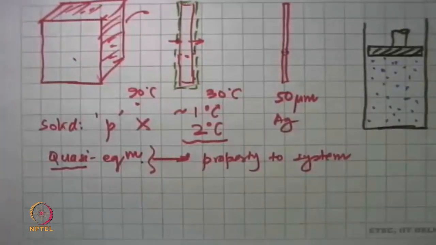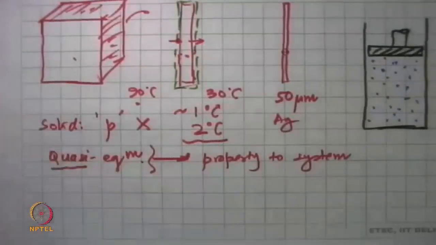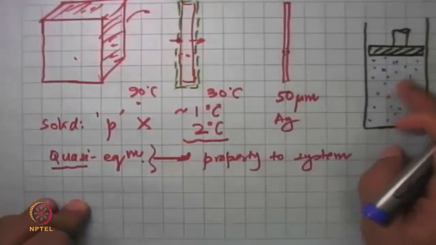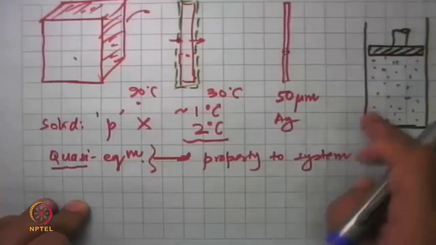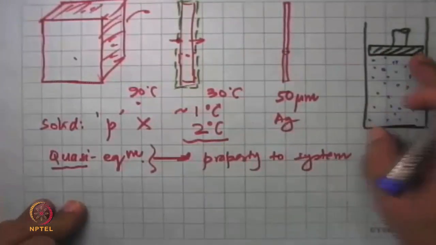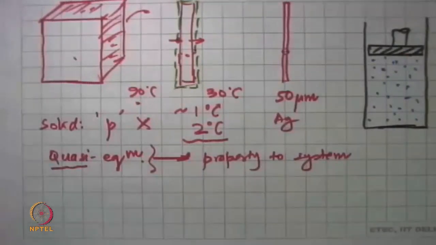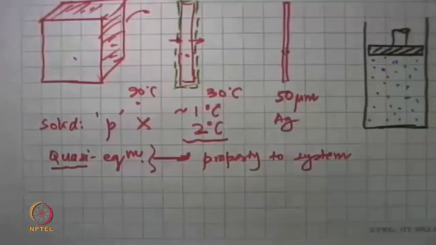And say this is a part of a diesel engine or a petrol engine or an air compressor. And this piston is moving back and forth at a certain speed. Can I assume that at any instant, the gas inside this is in mechanical equilibrium? That's the question.